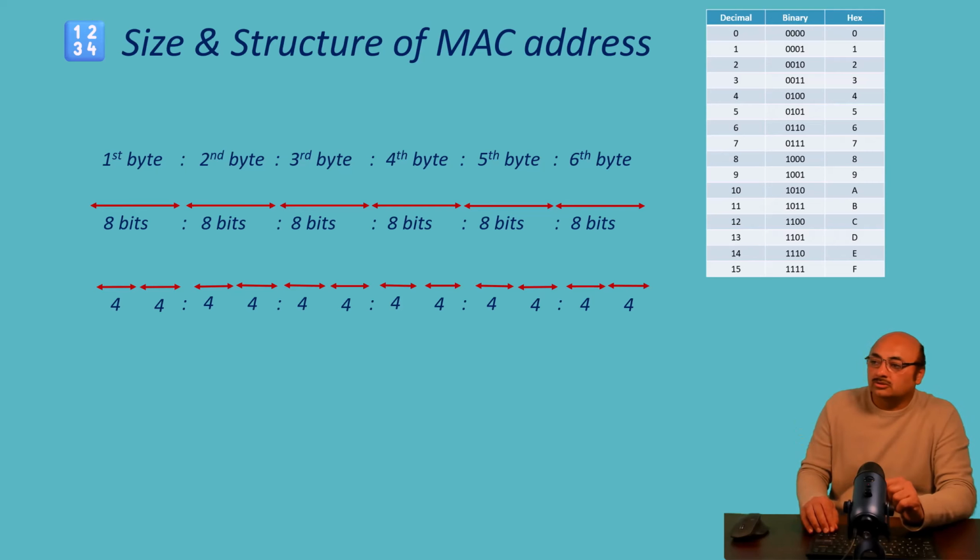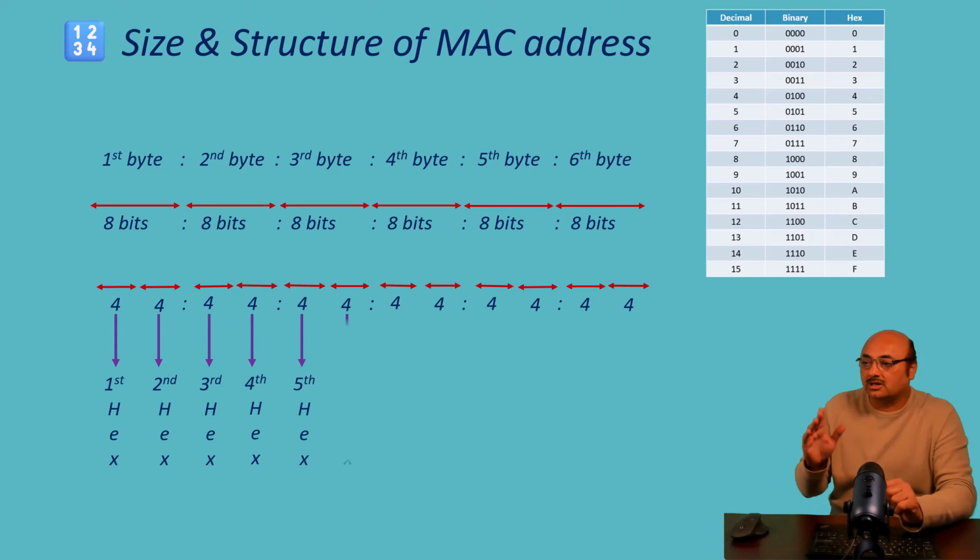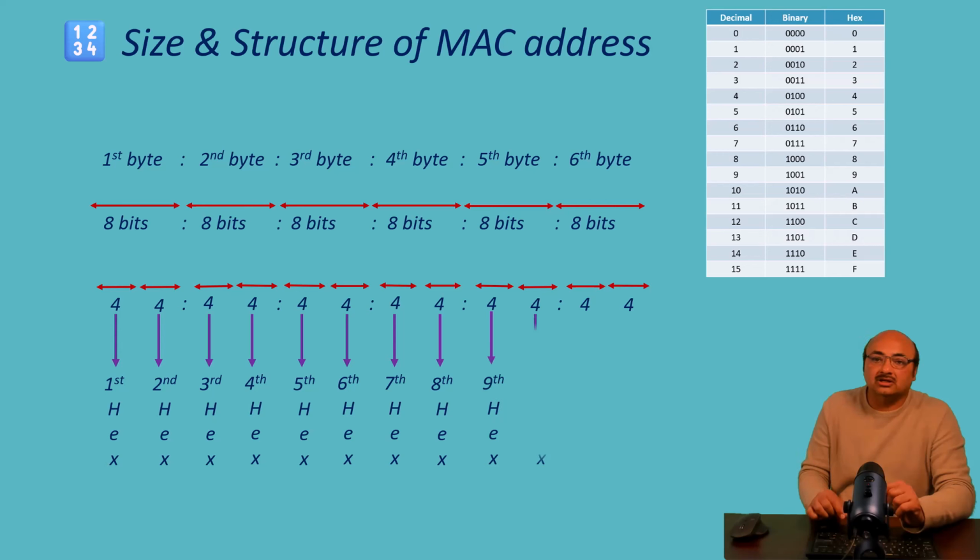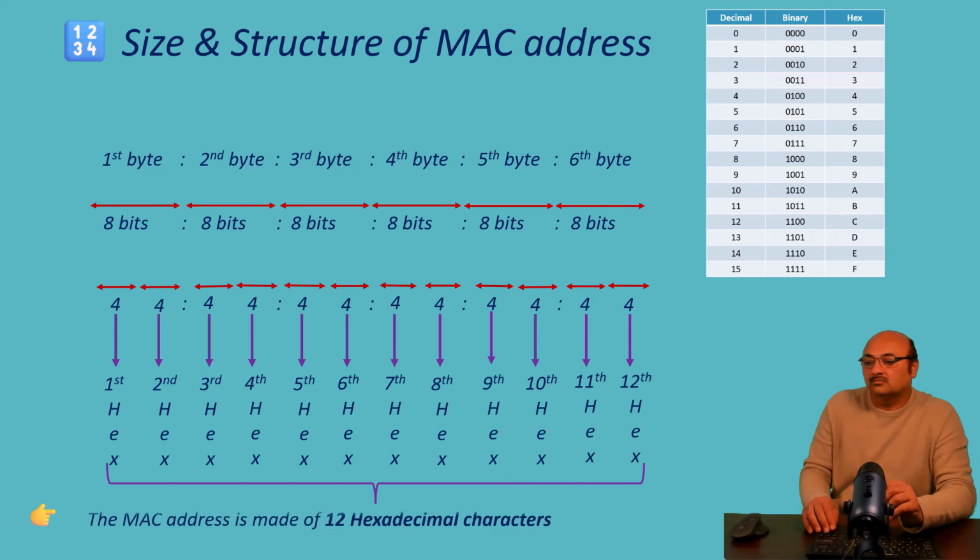Taking a clue from that, each of these 4 bits can represent a hexadecimal character. So this is the first hexadecimal character, this is the second, third, fourth, and so on till the 12th. So we can say the MAC address is made up of 12 hexadecimal characters.